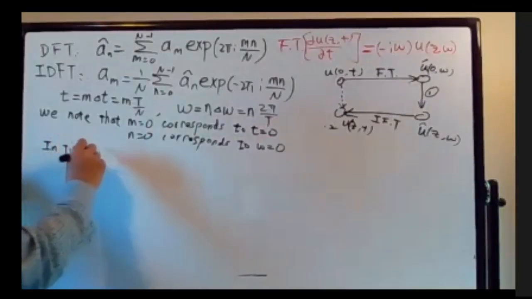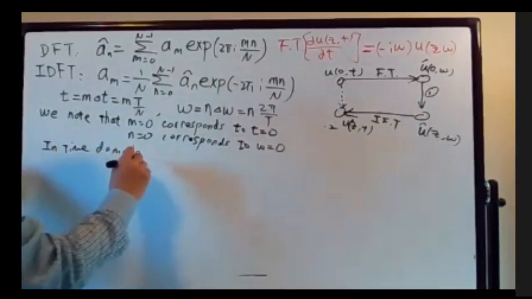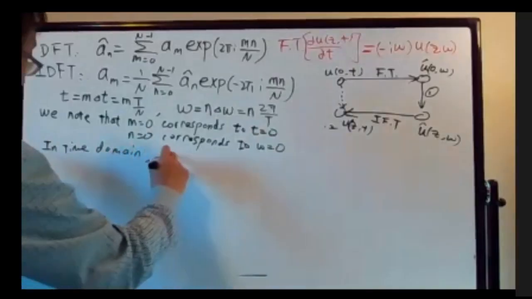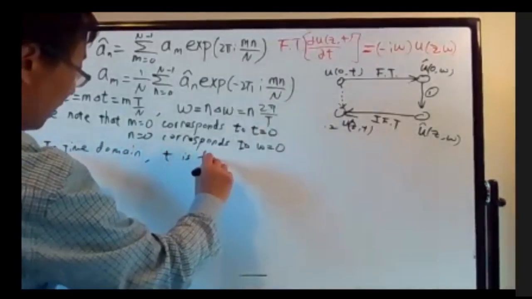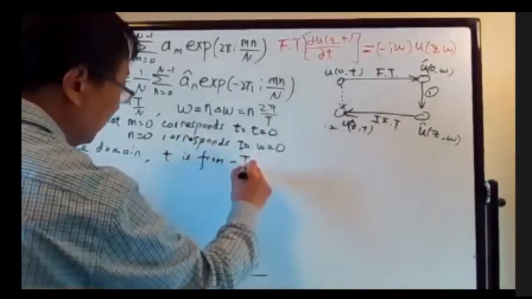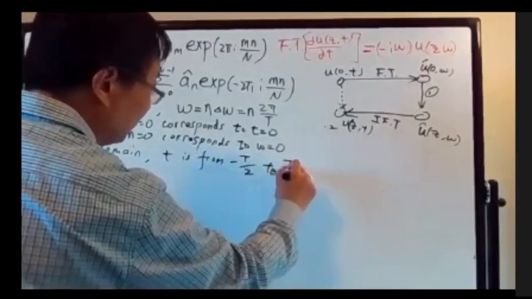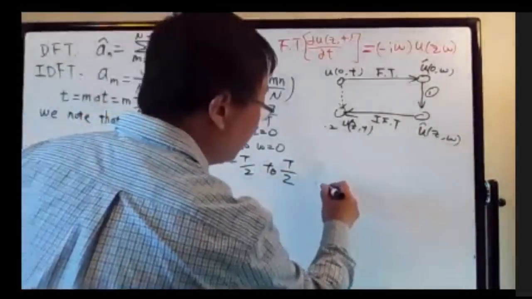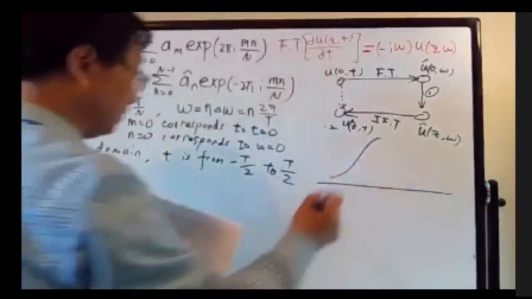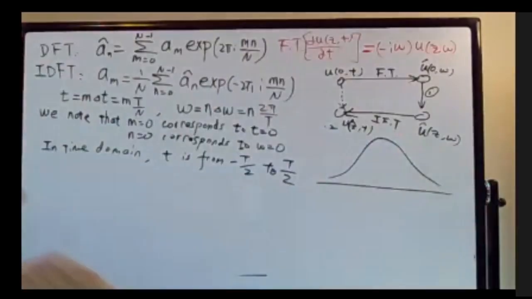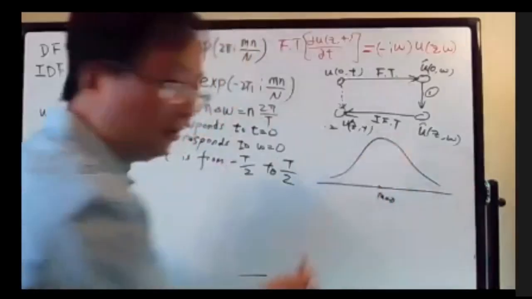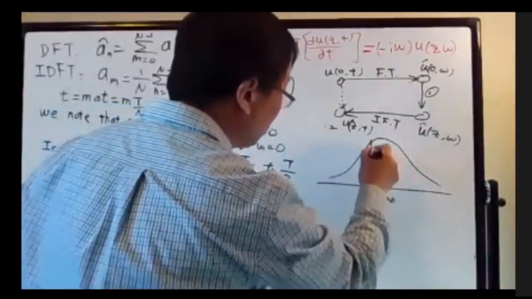In the time domain, t is from negative T over 2 to positive T over 2. If I have a pulse here, a Gaussian pulse, its center is m equal to 0, and then we discretize it.